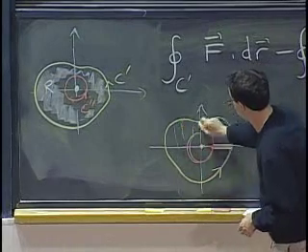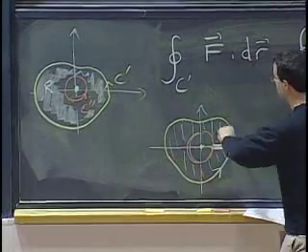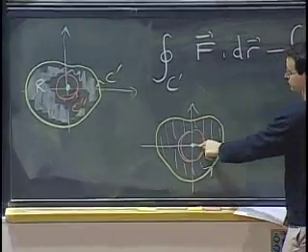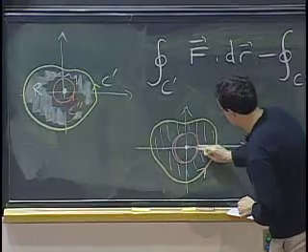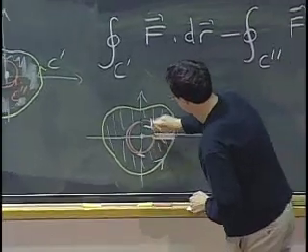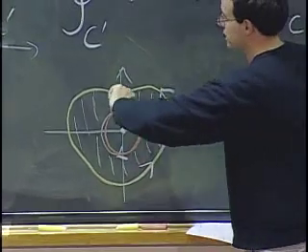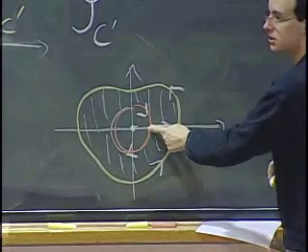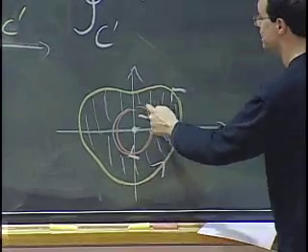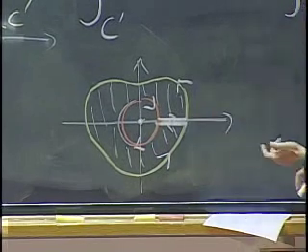I can form a single closed curve that will enclose all of this region, with kind of an infinitely thin slit here, counterclockwise. And so, if I go counterclockwise around this region, basically I go counterclockwise along the outer curve, then I go along the slit, then I go clockwise along the inside curve, then back along the slit, and then I'm done.